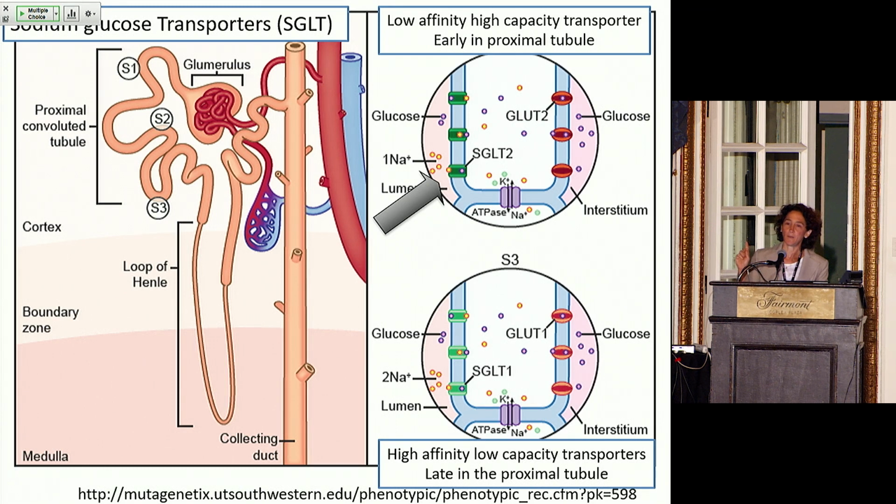And the idea would be that with that high flow of sodium distally, that will stimulate adenosine release, which will vasoconstrict the afferent arteriole, and by doing so, lower glomerular pressure, and that will protect the nephron, the glomerulus, over time. I'm not sure I believe it. I don't know if you're going to hear more about that later, but that's the idea, that the increase of sodium delivery will affect glomerular pressure.